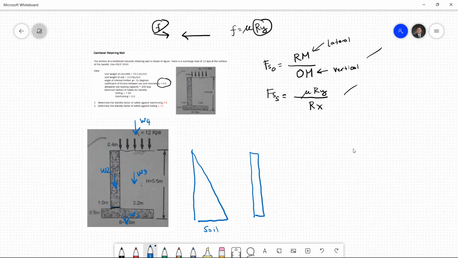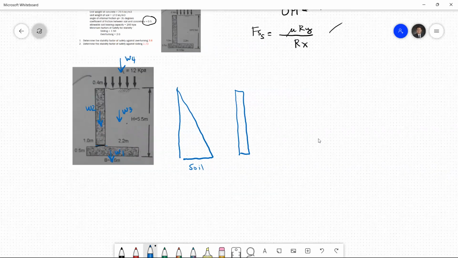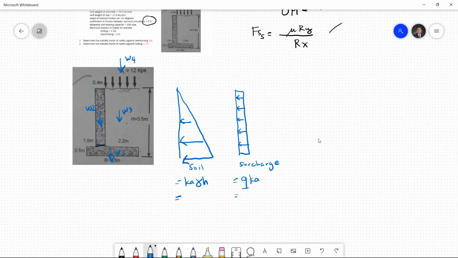This is due to soil, and this is due to surcharge load. Due to soil, that is Ka gamma H, and due to surcharge, that is Ka Q. So for Ka gamma H, first we need to solve for Ka.